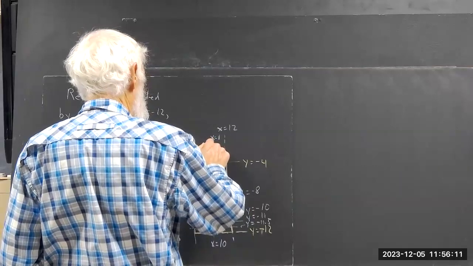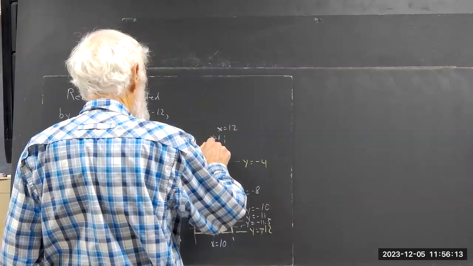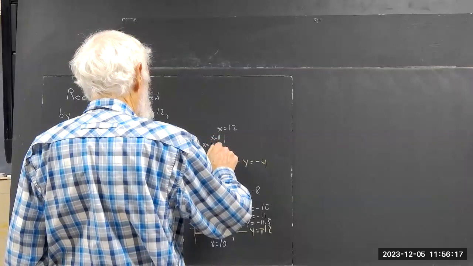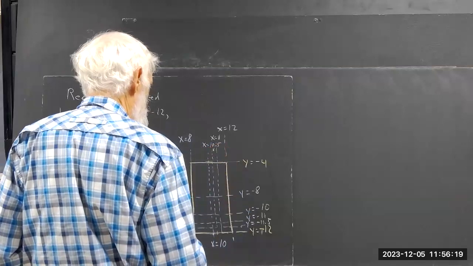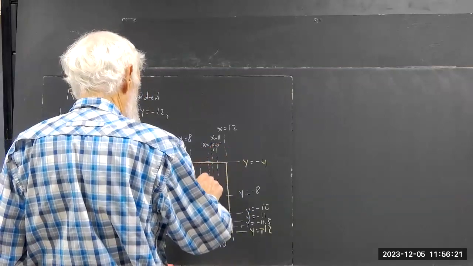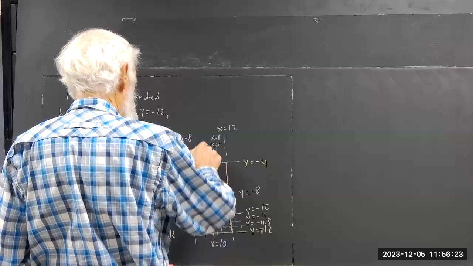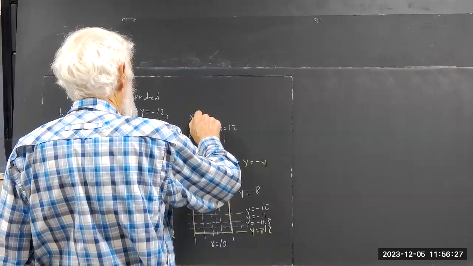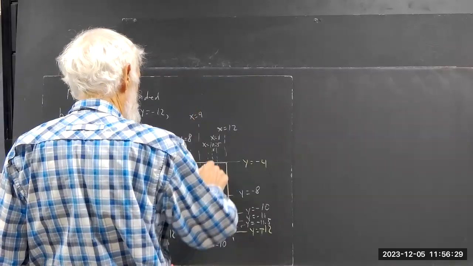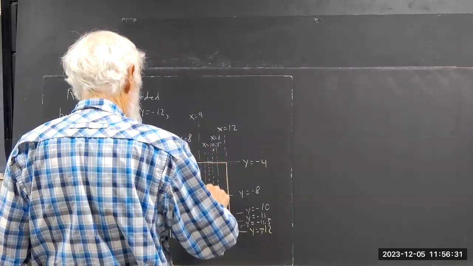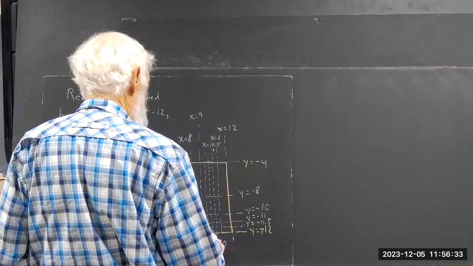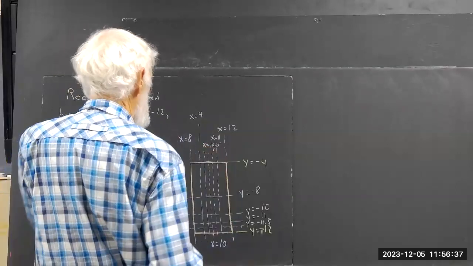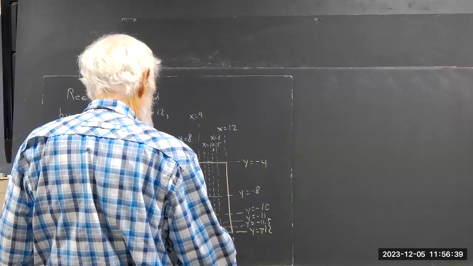And this is going to be x equals 10.5 here. And over here, we're going to get the x equals 9 line. And halfway between 9 and 10 is the x equals, no good place to label that one.